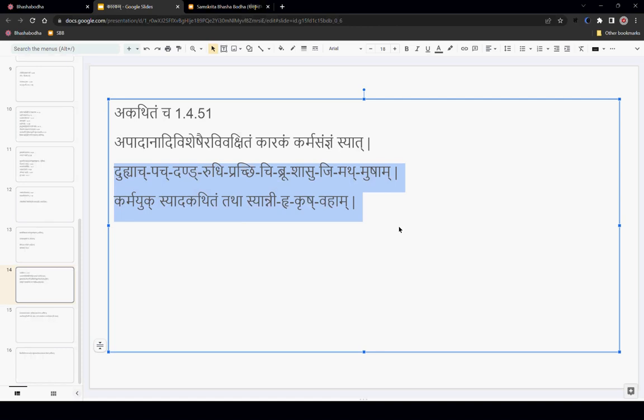So this is actually just the list of the dhatus which are dvikarmaka, which can take two karma padas. It looks complicated, but really it's simple.